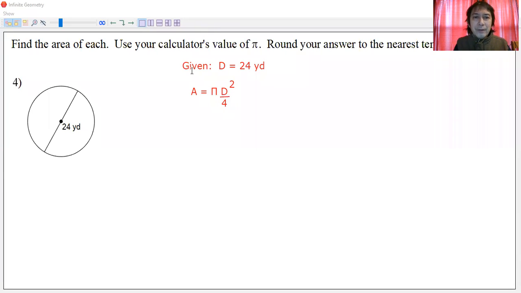All right, so direct substitution. Let's use the numbers. The value of pi is here, times our diameter 24 and then squared, and then divided by 4. So we have a 4 here and a squared on top.